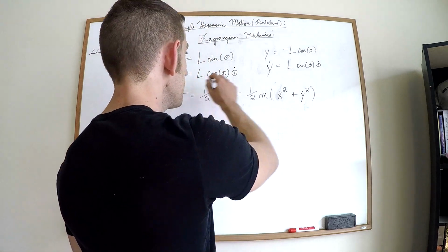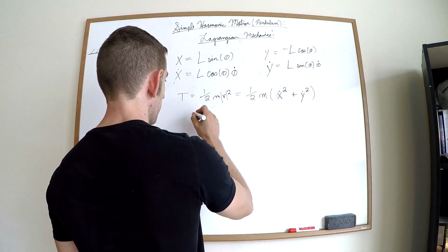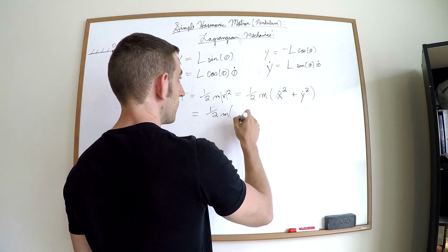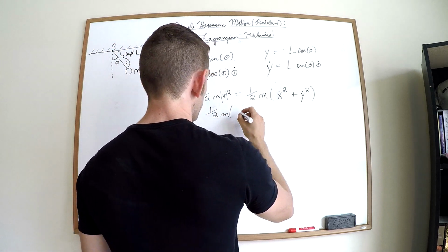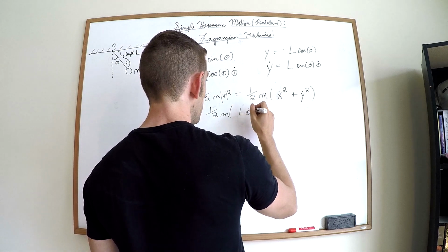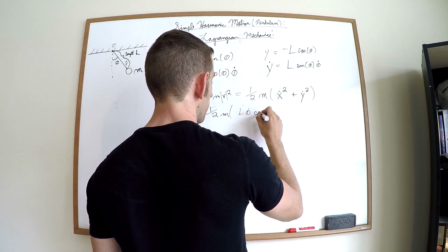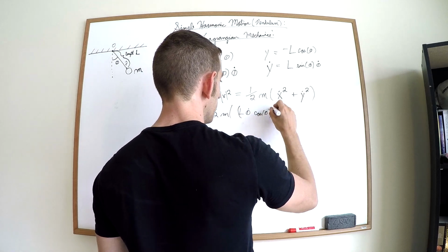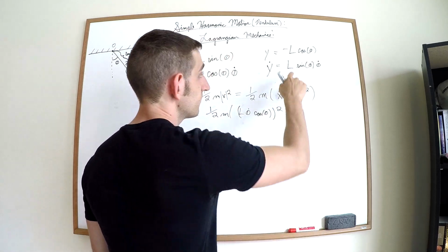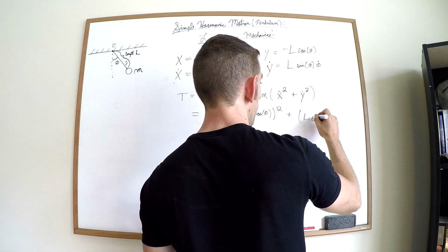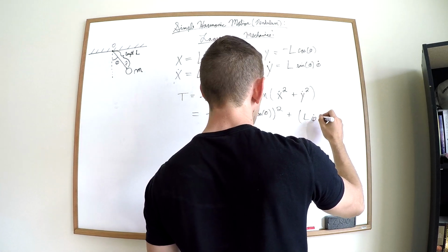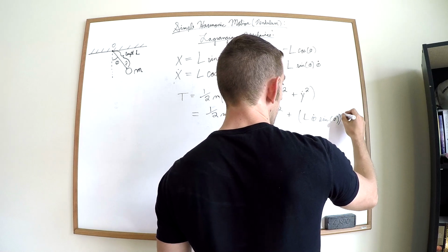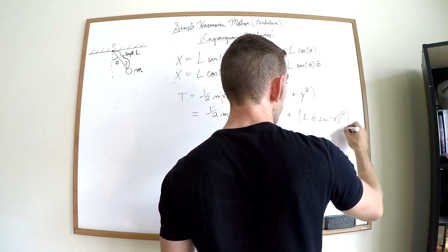So, we can plug these guys in here. And the kinetic energy ends up becoming x dot squared. We're going to have (L theta dot cosine theta) squared plus that guy, (L theta dot sine theta) quantity squared, baby.